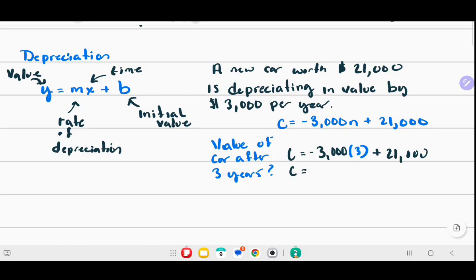Negative 3,000 times 3 is negative $9,000.